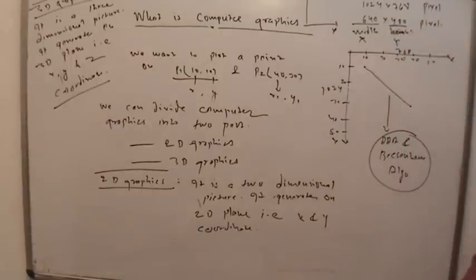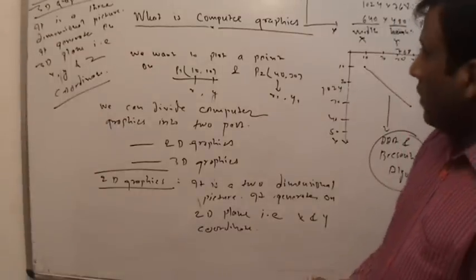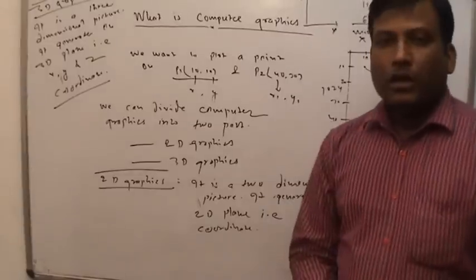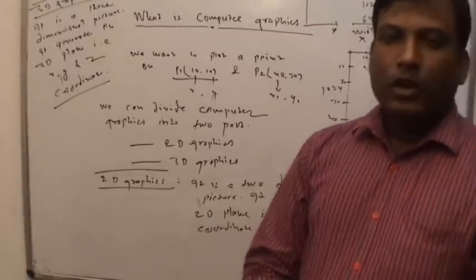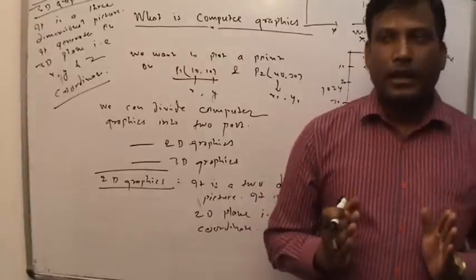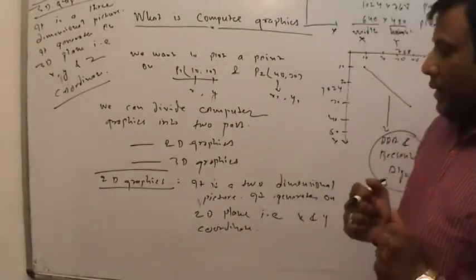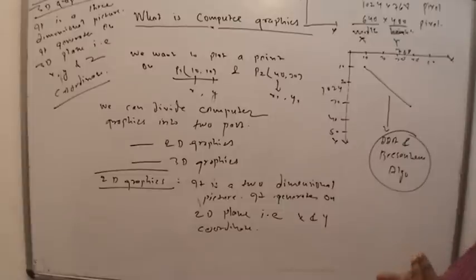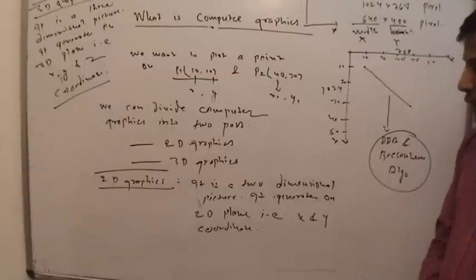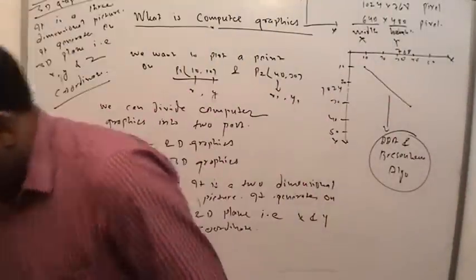With 3D graphics, we see only the projection of the 3D graphics on a 2D plane. So 3D graphics is generated on a 3D plane, that is the X, Y and Z coordinates, and 2D graphics is created on a 2D plane, that is the X and Y coordinates.